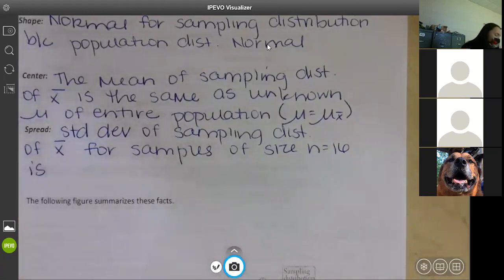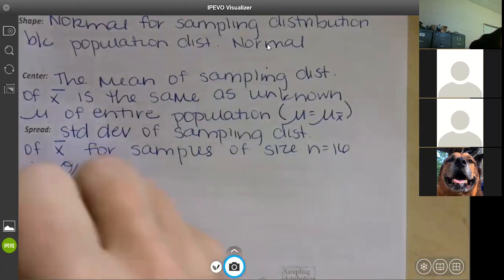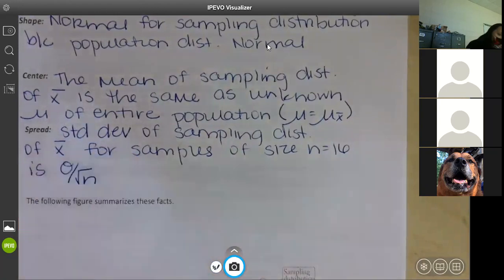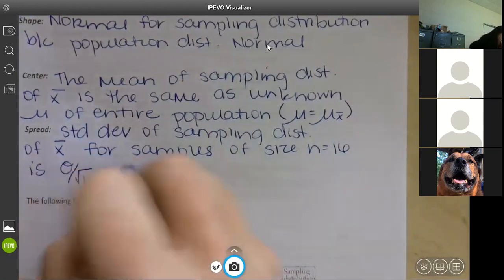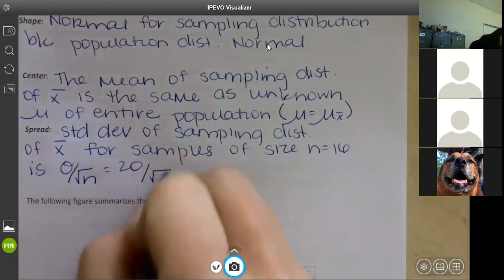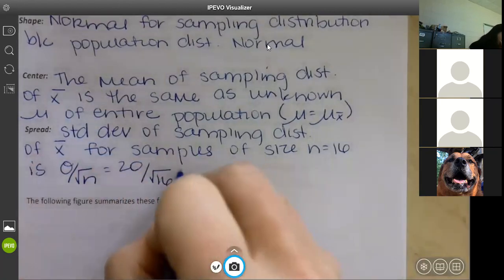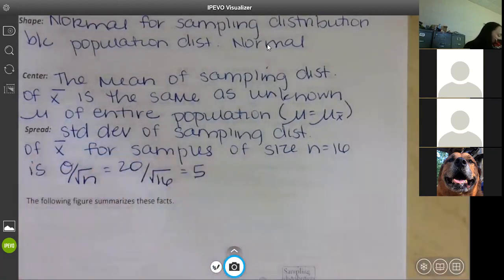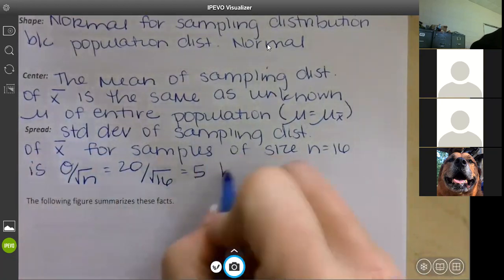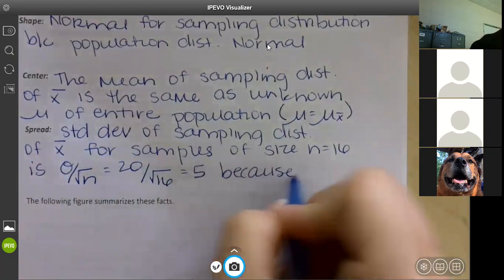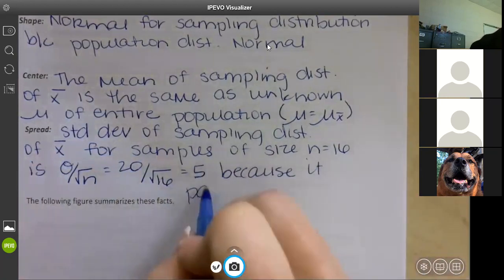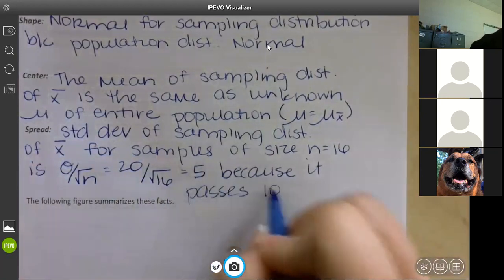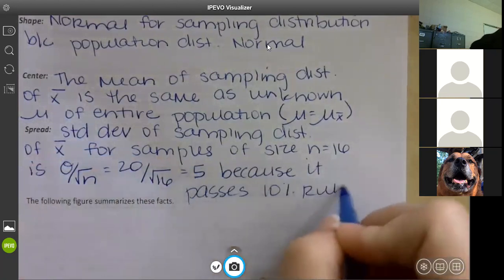Since we know the population standard deviation, we're going to use this formula. That standard deviation was 20, our n was 16, giving us 5. And what do I have to do to make sure that I can take this standard deviation? Yep. And we can do this because it passes the 10% rule.